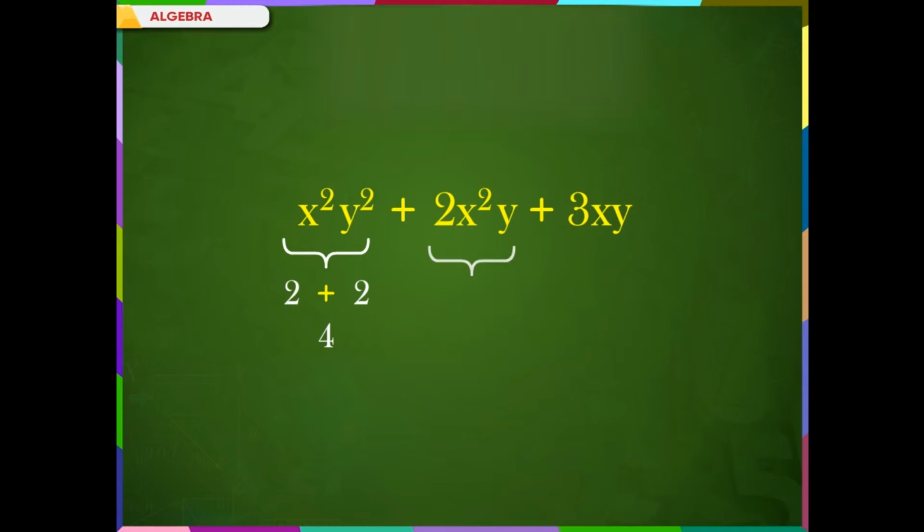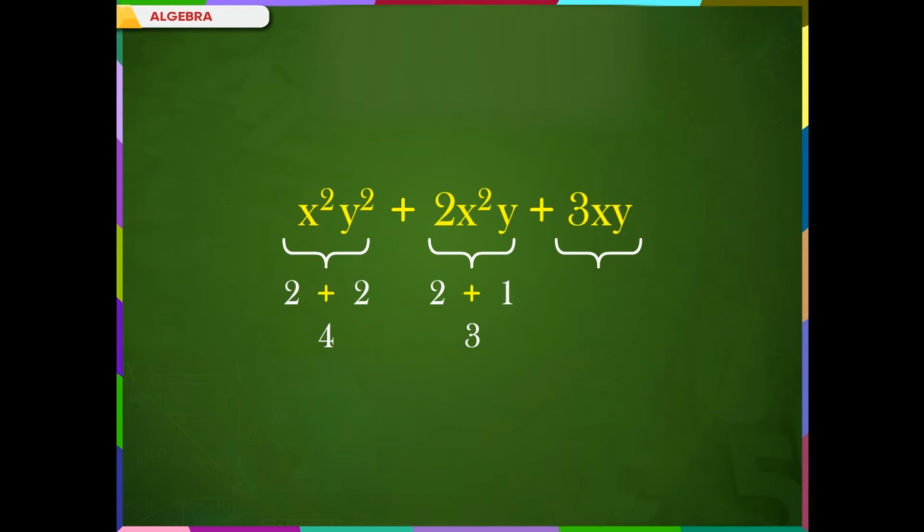Similarly, in the second term 2x square y, the power of x is 2 and the power of y is 1. So 2 plus 1 is 3, means the degree of this term 2x square y is 3.